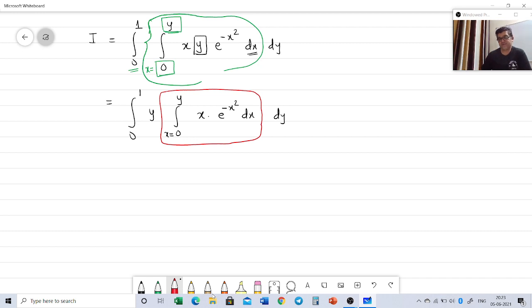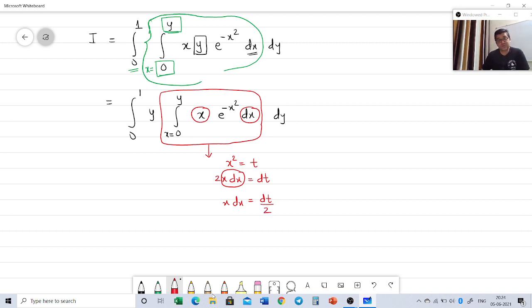this integral first, right? To do that, what I can do is I can substitute here x square as t. So I'll get 2x into dx, which is equals to dt. Can you see here x into dx? So I can adjust x into dx, which is going to be dt by 2.